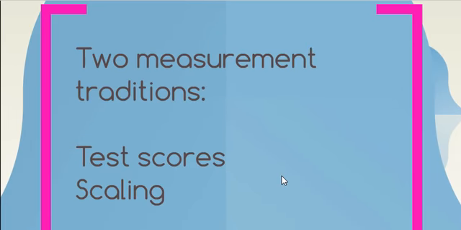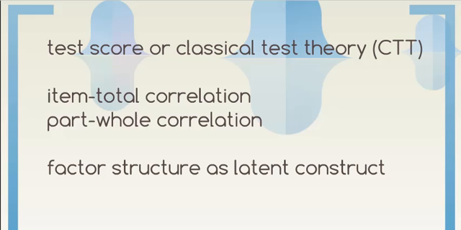So the two measurement traditions, both started in the early 20th century, are test scores and scaling. So with respect to peacock-ness, we will talk about those things. First of all, we'll talk about test score or classical test theory, as it's usually known.